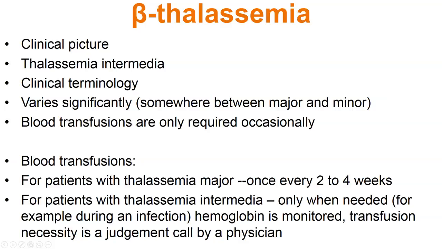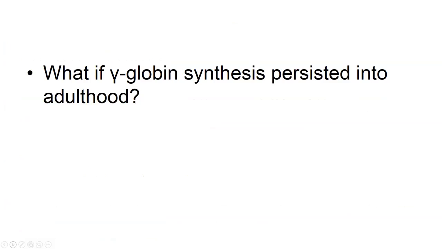People always ask me, what do you mean by regular? So I went and asked a clinician because it wasn't defined in the book. What I was told was every 2 to 4 weeks would be considered a regular blood transfusion. With intermedia, it would only be as necessary, okay? So that's basically how they define those.